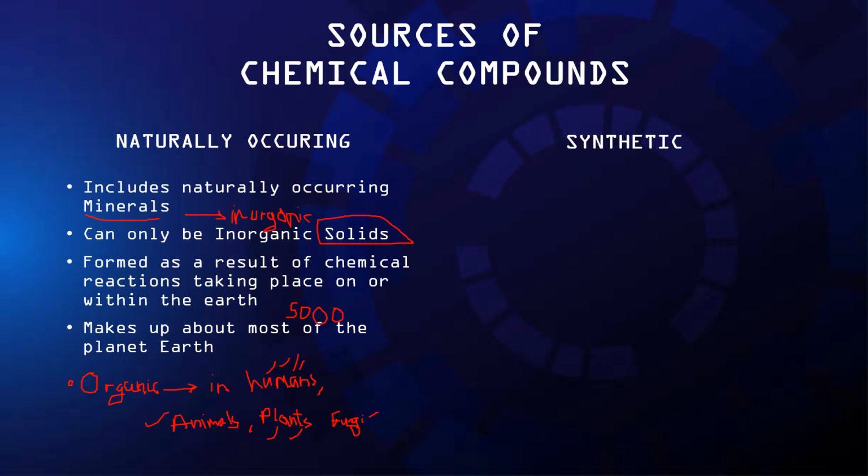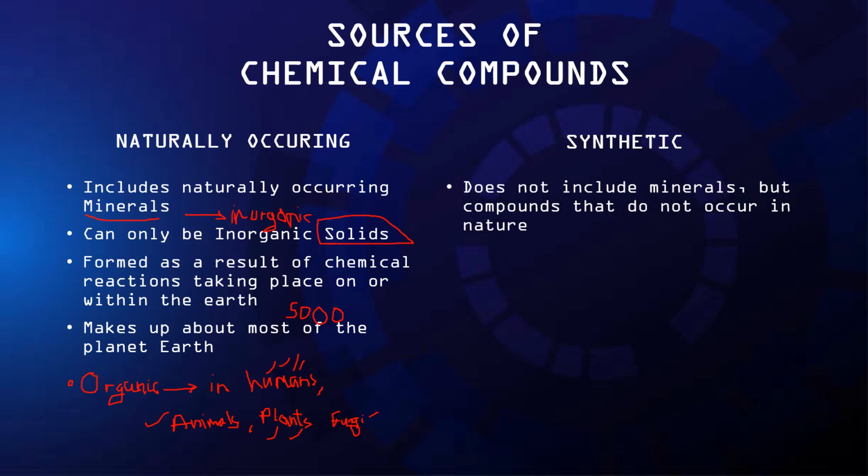Moving over to synthetic compounds. Synthetic compounds do not include minerals, obviously. But they include compounds that are usually synthesized in labs. Suppose we want to make calcium carbonate, CaCO3.